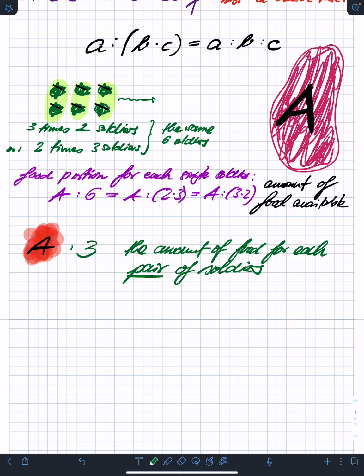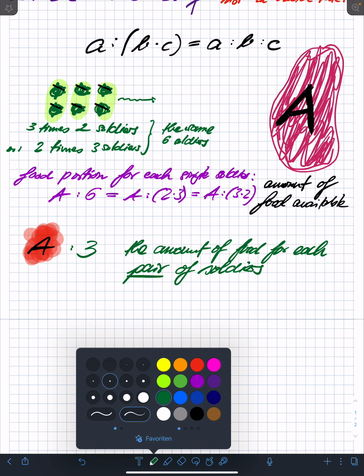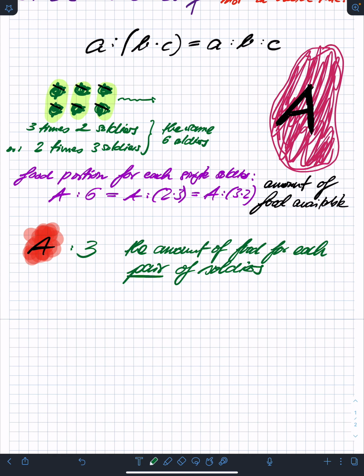So you have to divide that sum by another 2. So that would be A divided by 3, and another time divided by 2.